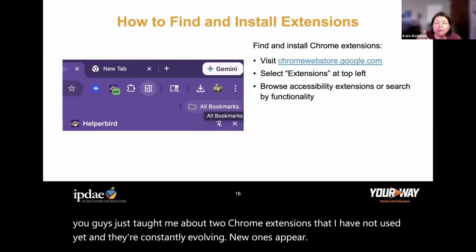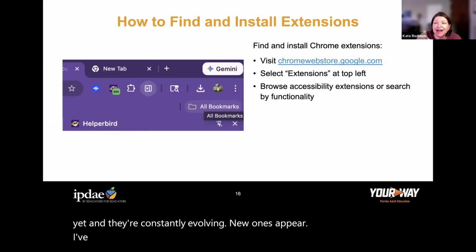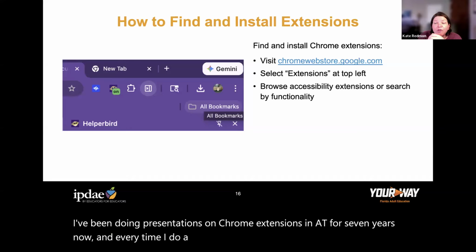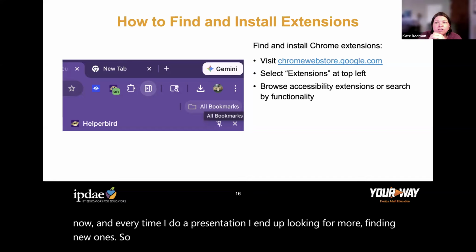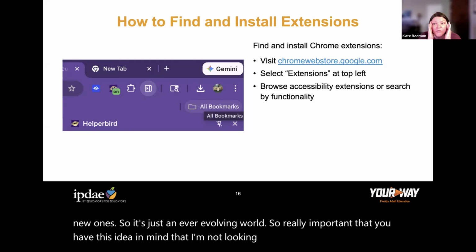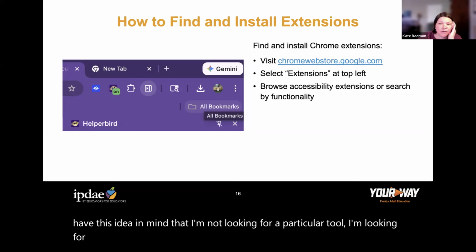I've been doing presentations on Chrome extensions in AT for 7 years now, and every time I do a presentation, I end up looking for more, finding new ones. So it's just an ever evolving world. So really important that you have this idea in mind that I'm not looking for a particular tool, I'm looking for a particular task to accomplish, and that's how you search for them.